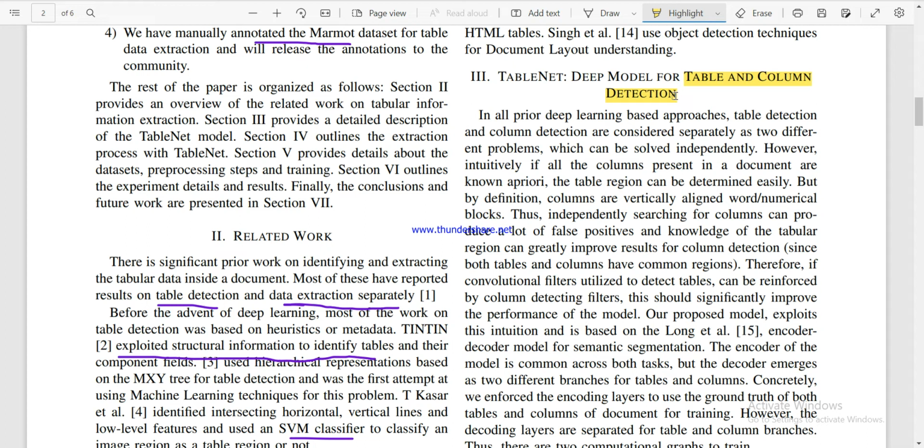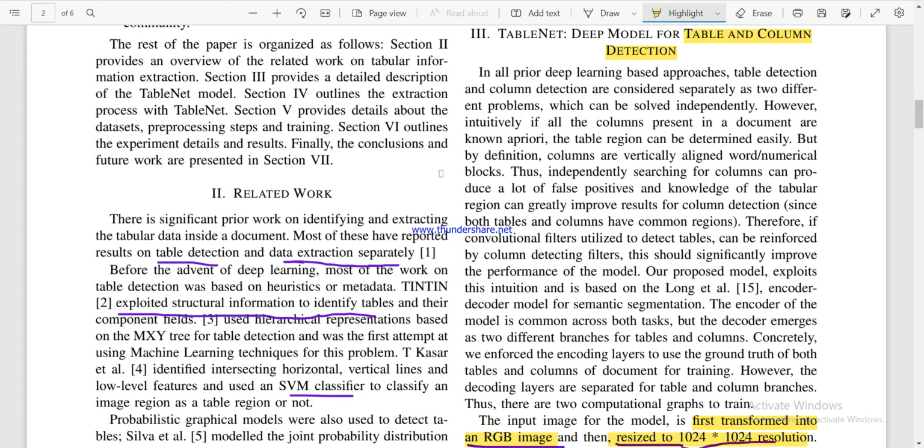Here I think we should read this once. In prior deep learning based approaches, table detection and column detection are considered two separate problems which can be solved independently. However, intuitively, if all the columns present in a document are known a priori, the table region can be determined easily.